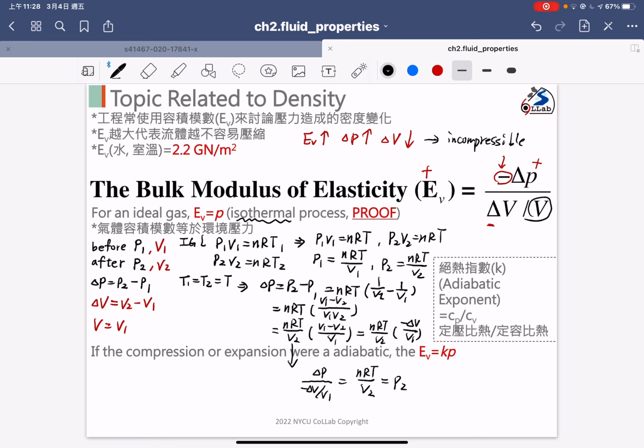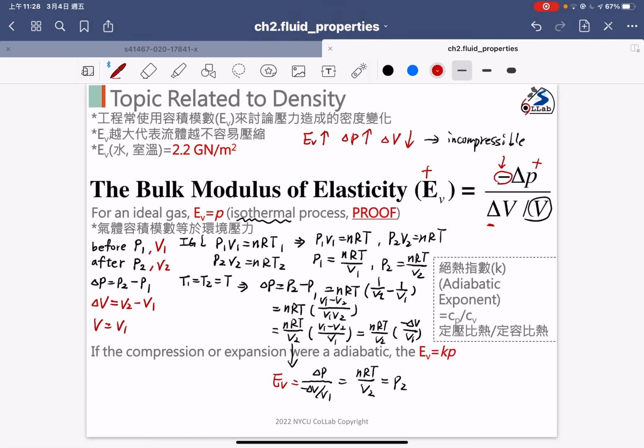And the left hand side here is just our bulk modulus. So we finally proved that under the isothermal process for the ideal gas, the bulk modulus for the gas will equal the environment pressure P2. Okay, this is a very good concept.